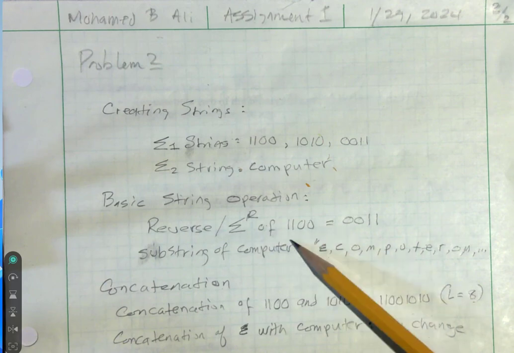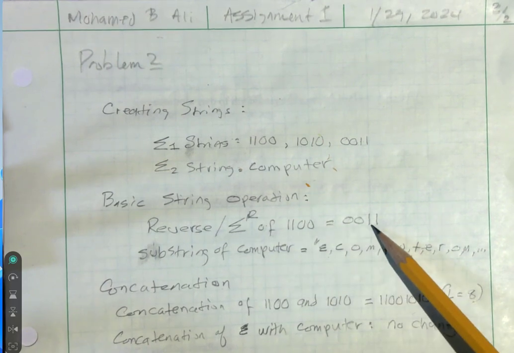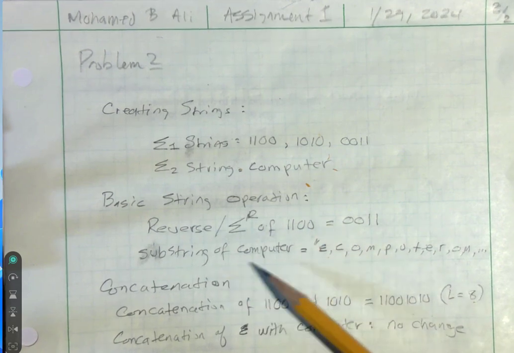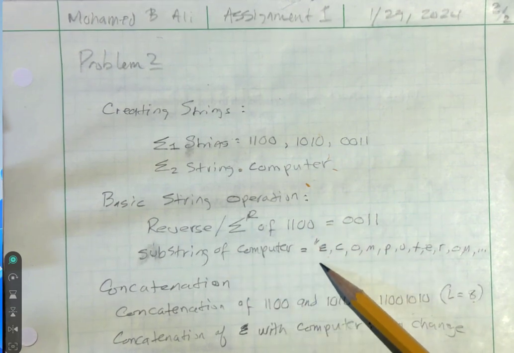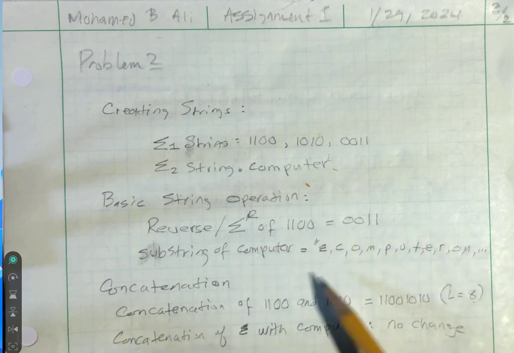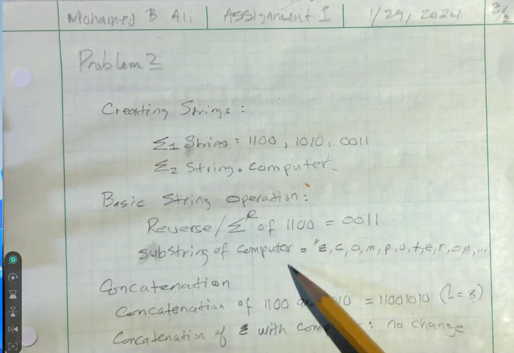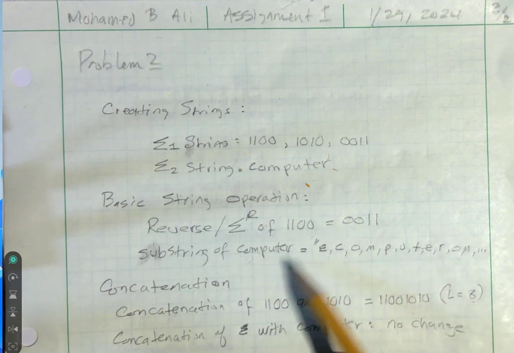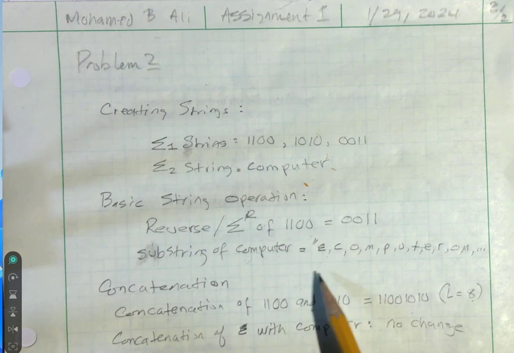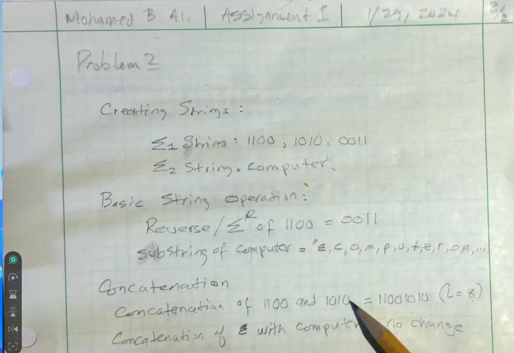So the reverse of 1100 is 0011. That's the reverse of that one. And then the substrings of computer include the epsilon, and then C, O, M, P, U, T, and then the combination of each two together, and including the word computer. It should be part of it. But if you show part of it like this, you get full credit.